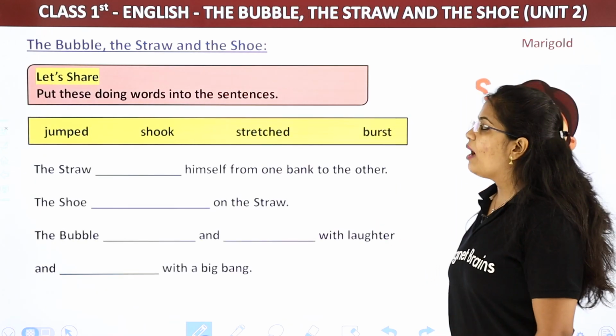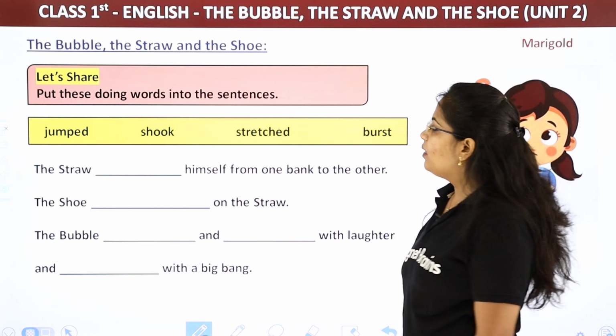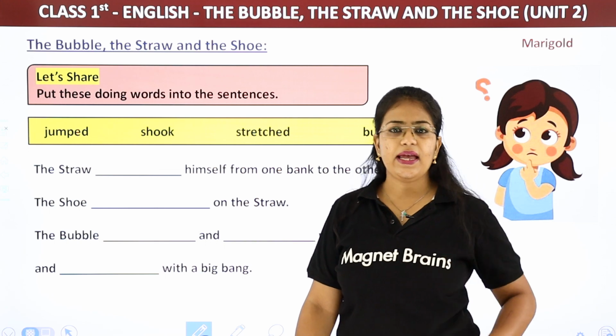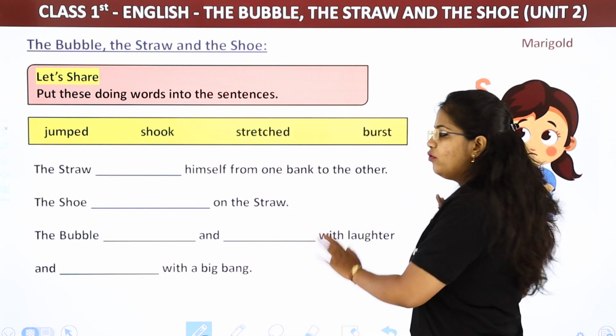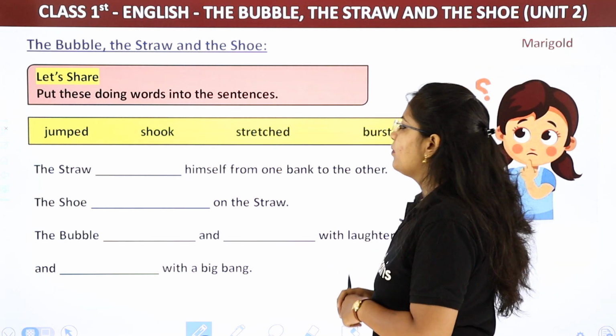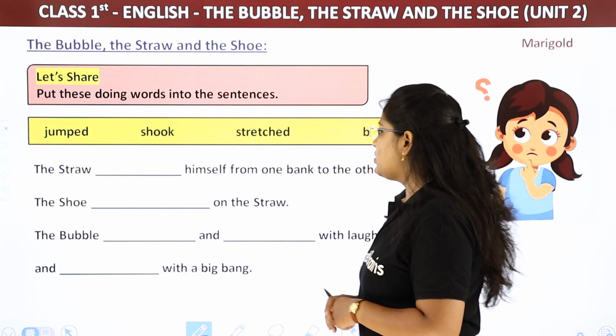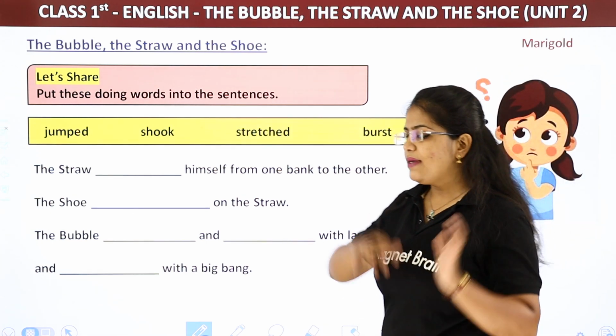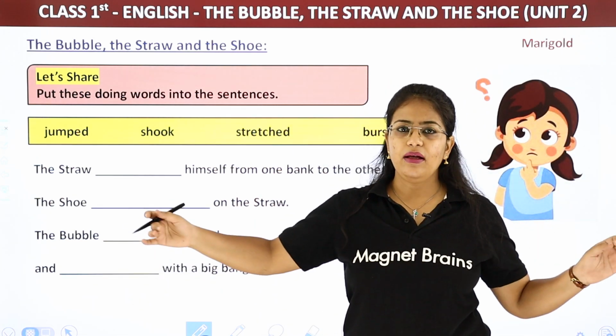Next, now you have fill in the blanks. ठीक है? आपके जो yellow box है, you have words, you can take help from them and you have to fill in the blanks. Shall we start? Okay. The straw stretched himself from one bank to the other. एक बैंक से दूसरे बैंक में straw ने क्या किया?